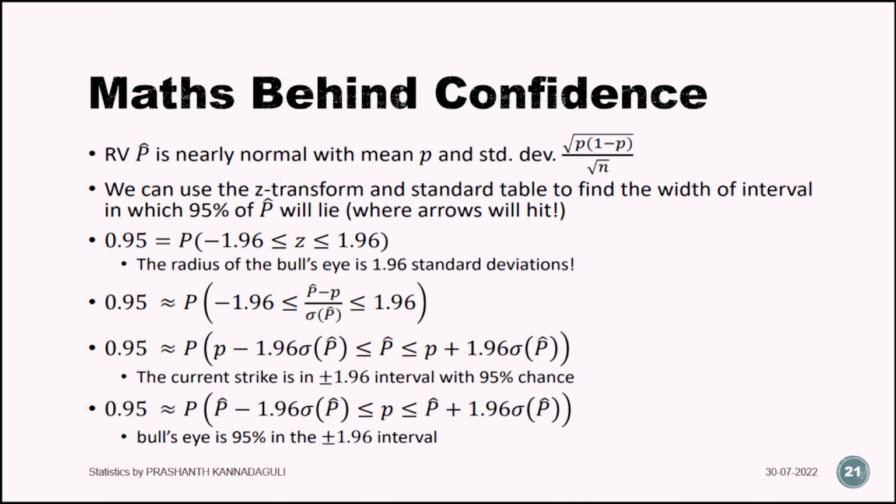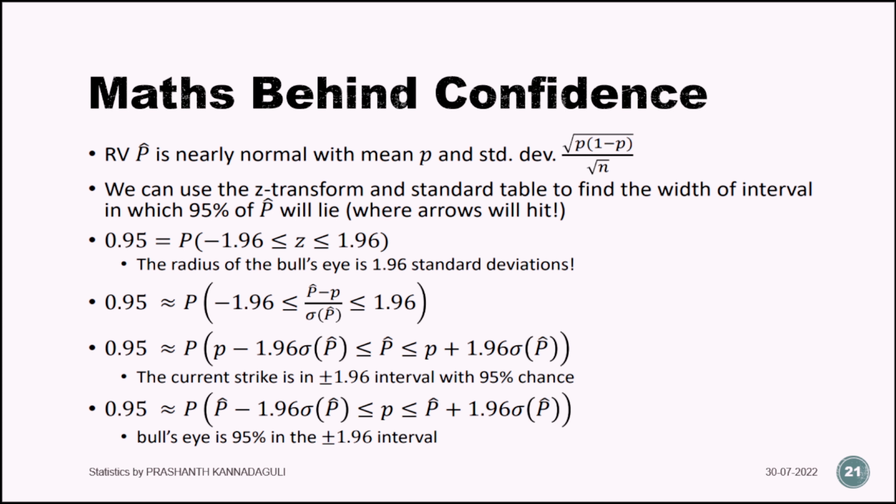Now you have a distribution, so can you convert that into z? What is this z? Try to recall the normal distribution. Any normal distribution I will convert into the standard normal distribution. How do you do that? You have a mean, so x minus mean divided by sigma. That is what I am going to call z.